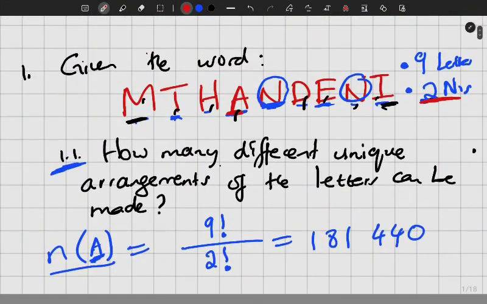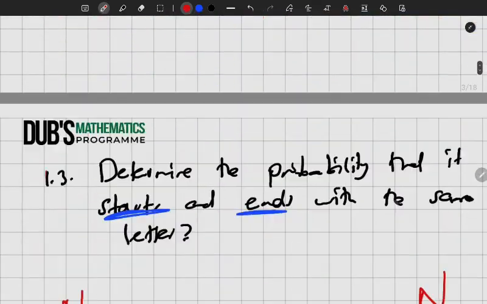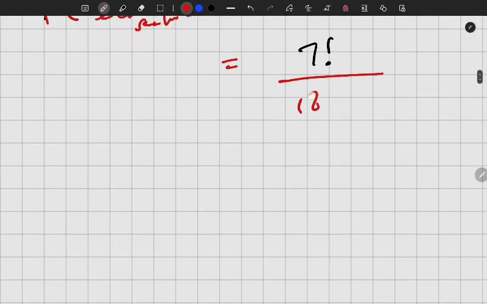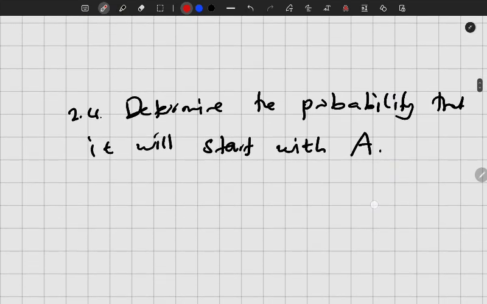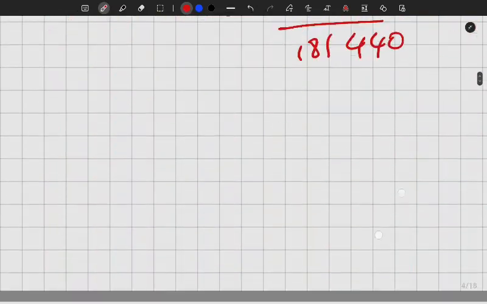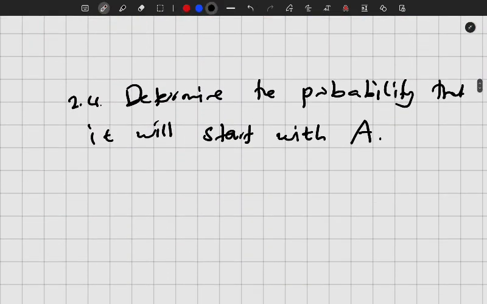That is always going to be what we found in the first question, which is 181 over 440.